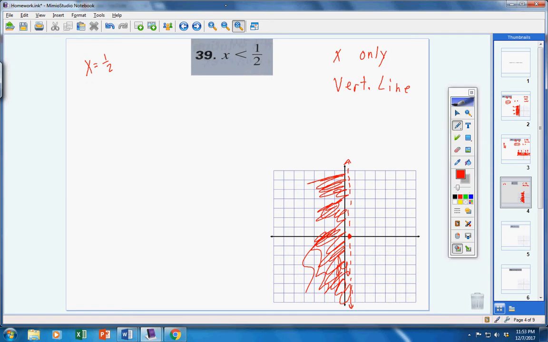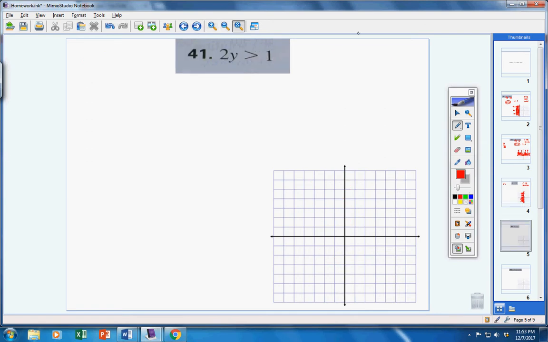Here we go. Number 41. We have a y only inequality. So we know we're going to have a horizontal line. Let's get y by itself. So divide both sides by 2. And y is greater than 1/2. Now, let's pretend that y is by itself. Let's pretend we have an equal sign, even though we don't.